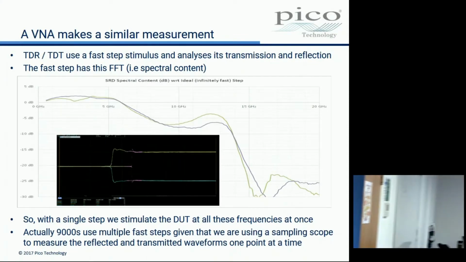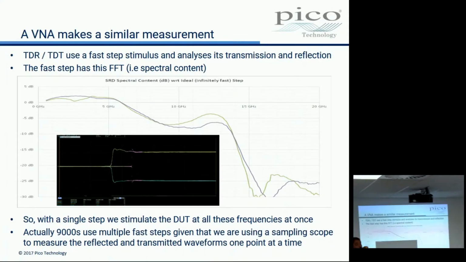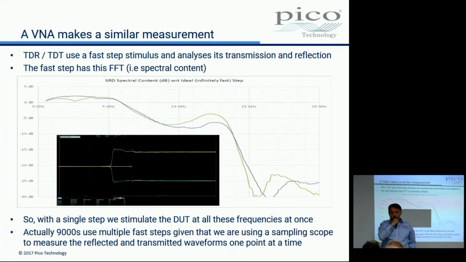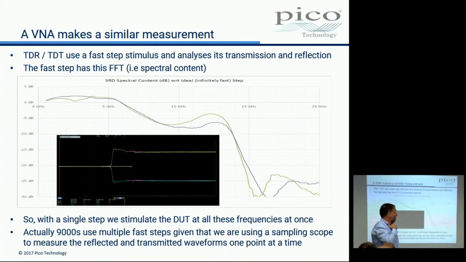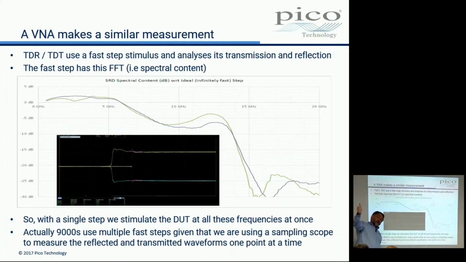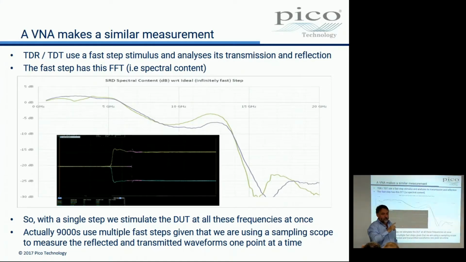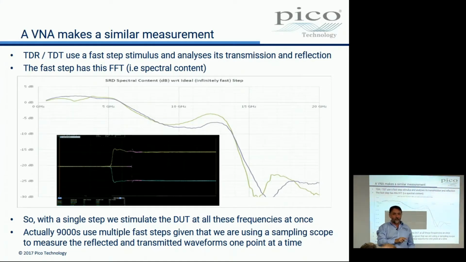What I did here, this is a plot of the spectrums that come off the 9311 and the 9312. Now, this is not the spectrum we see on the board there. This is the difference between an ideal step and the 9311.